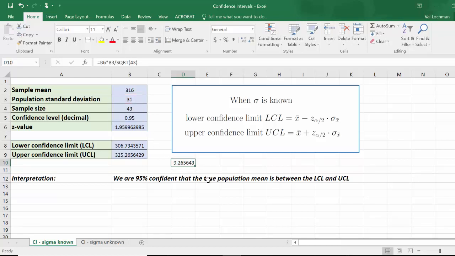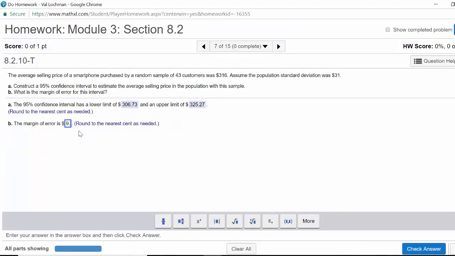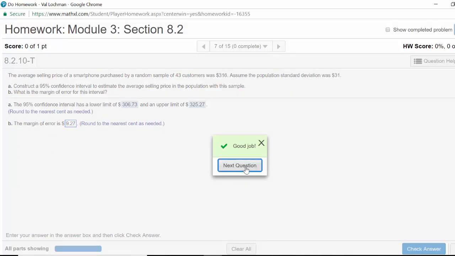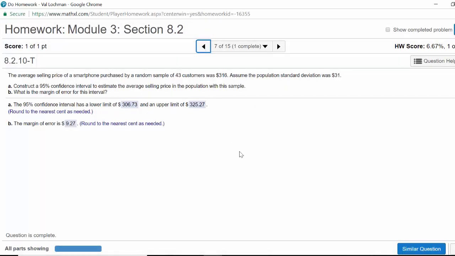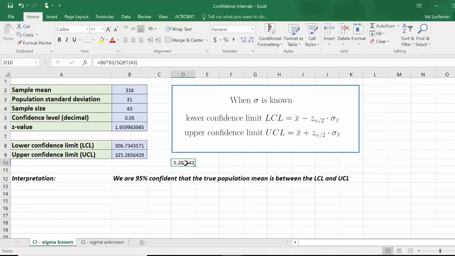Okay, so mine is 9.27. All right, and you can notice that this is the value that would be exactly half of the length of the interval, right? So it's x bar sample mean plus this value, and x bar minus this, that would be 306.73. Okay, so that is your margin of error.